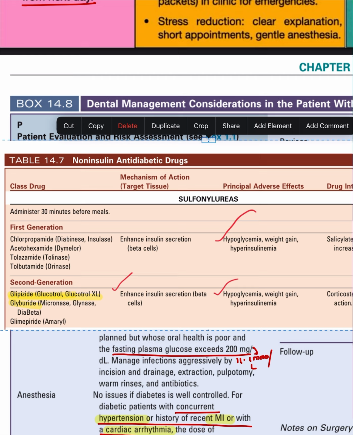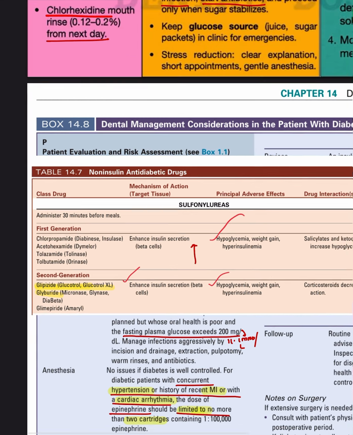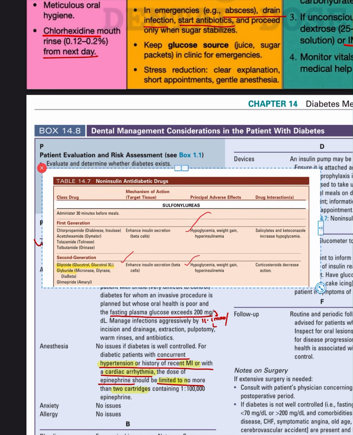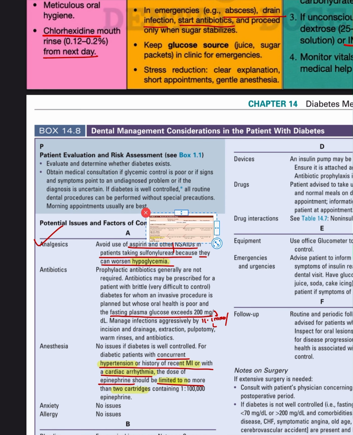In the second generation there is glimepiride, glipizide, and glyburide, and in the first generation there is tolbutamide. So these things can be an issue.